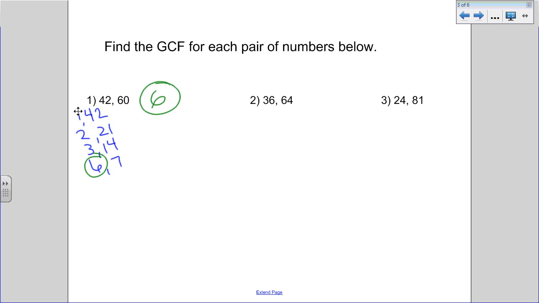Notice when I start with 1, don't I end up with my largest factor over here? And then I went with 2. Did my next largest factor end up below it? So when I go in order like that, guys, listing those factors, I'm able to make sure, like Mr. Clem said, start at the top and then work your way around, and you're always going to find the largest one.